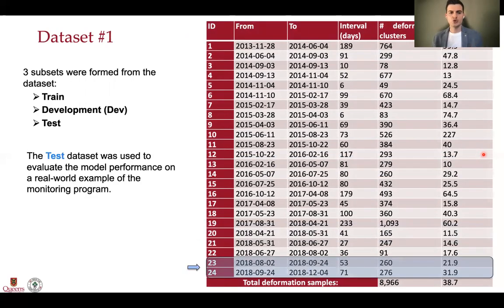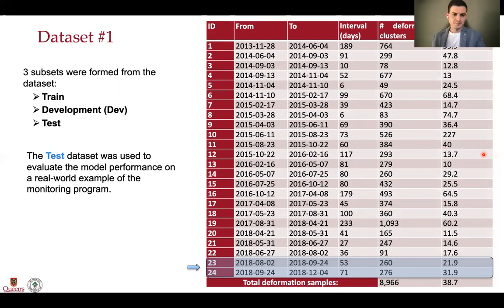The test dataset was used to evaluate the model performance on a real-world example of the monitoring program, meaning that for this region, we selected the data detected in the last 2 campaigns, aiming at simulating a situation of what would have happened if we had this model already by the time.